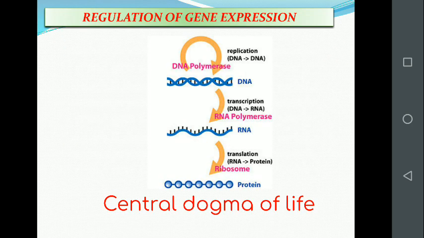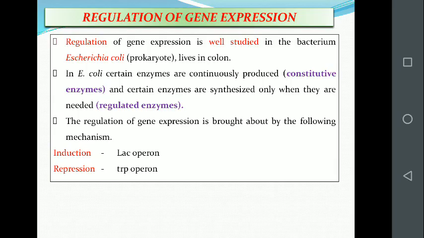In regulation of gene expression, the well studied example comes from Escherichia coli, that is E. coli. It is a prokaryote, a bacterium, and in that bacterium we have studied the lactose operon in detail.